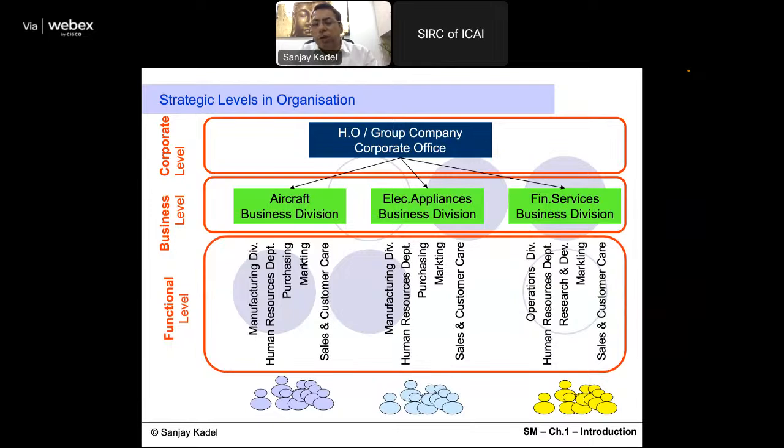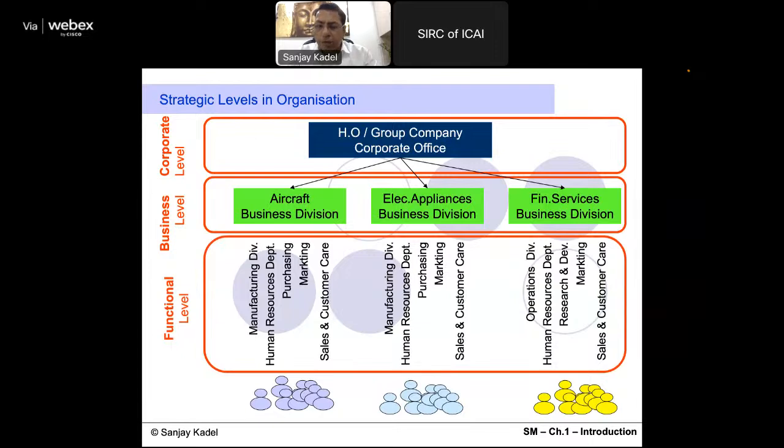If you see the functional level, you will have designations like marketing manager, HR manager, purchasing manager, sales manager, customer care executives. These are all functional level designations. Of course, these employees who work under the functional level may not be taking any higher risk, or any kind of risk at all sometimes. They may be just executing the strategies and the policies which have already been defined by the top levels.